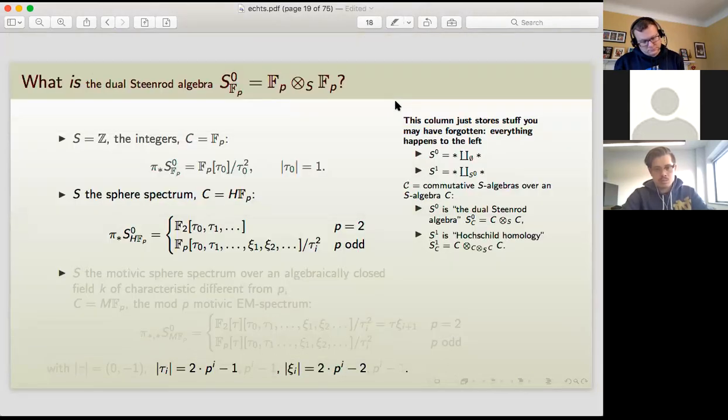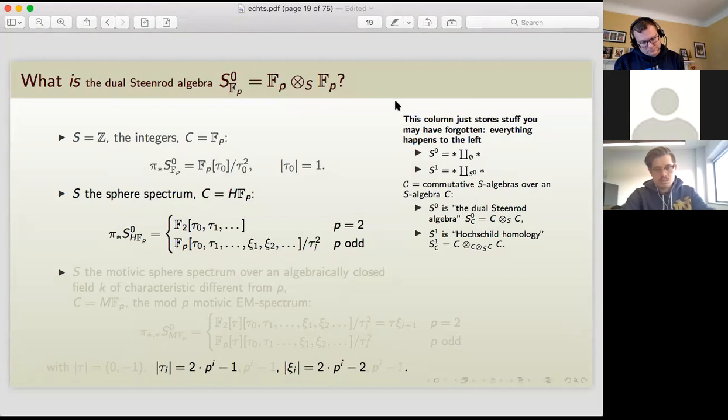The next level of complication is the sphere spectrum. Then C is the Eilenberg-MacLane spectrum of F_p. You recognize the zero sphere as the dual Steenrod algebra, or rather the homotopy groups of the zero sphere is the dual Steenrod algebra. I'm using notation that will conform with what happens in the motivic case later on.